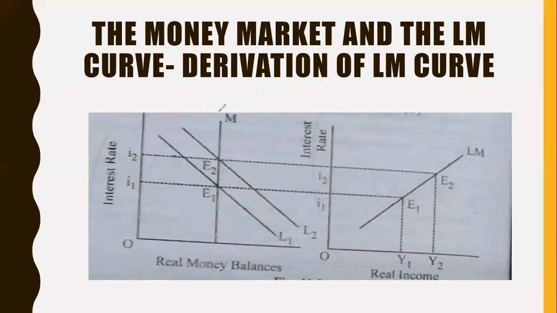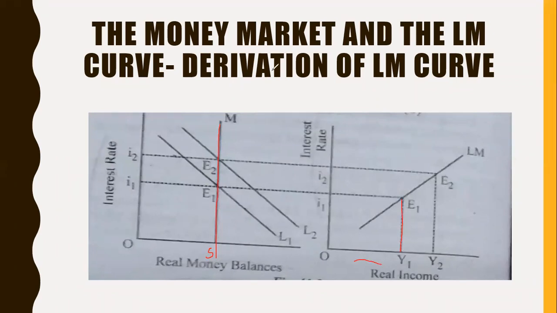So we have money supply curve, which is this line. Okay, vertical straight line curve is our money supply curve. Then in panel B, we assume income is Y1. OY1 is income.